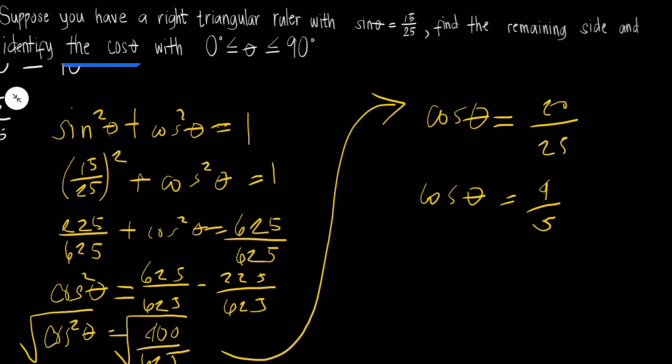Since cosine theta 20 over 25 can be reduced, it will become cosine theta equals positive 4 over 5, since cosine is positive in quadrant 1.